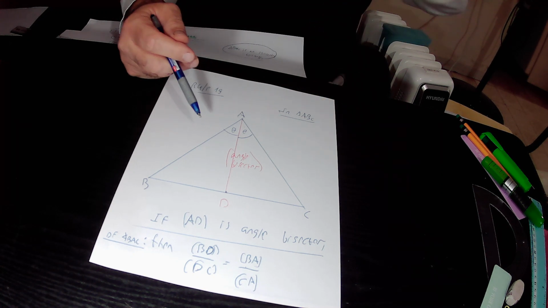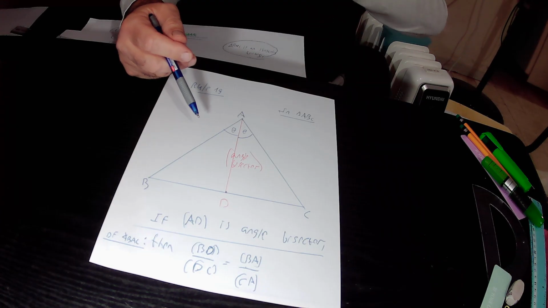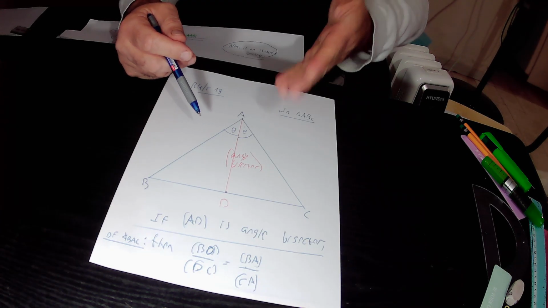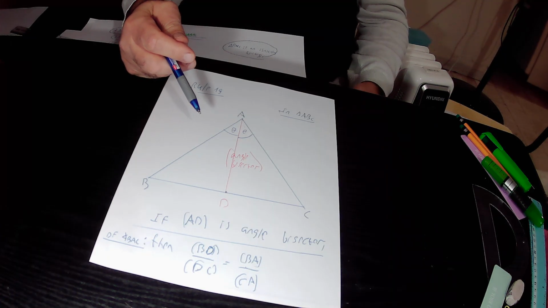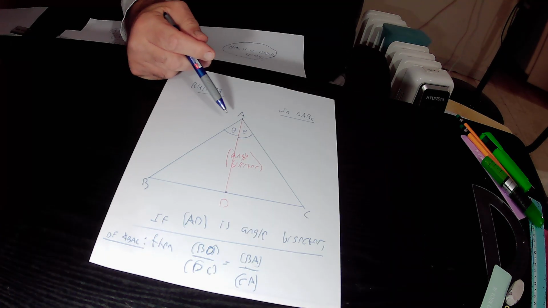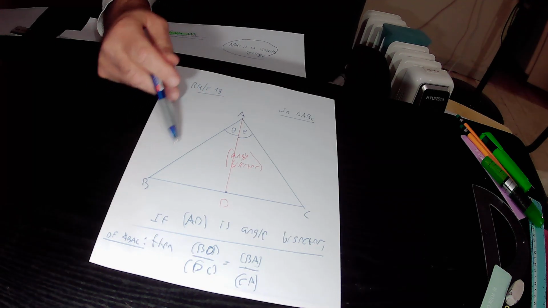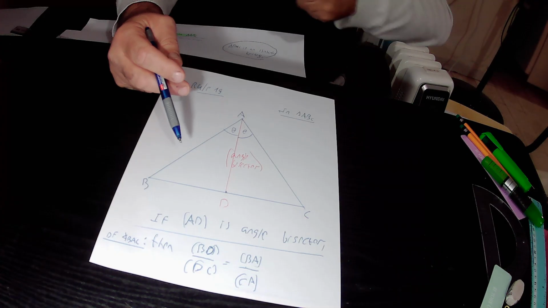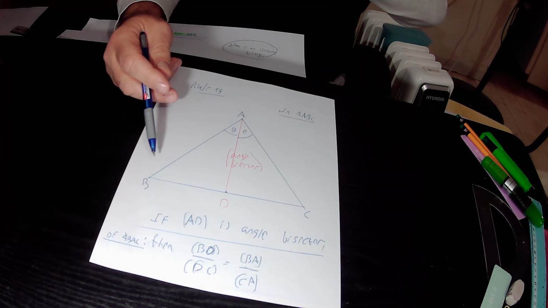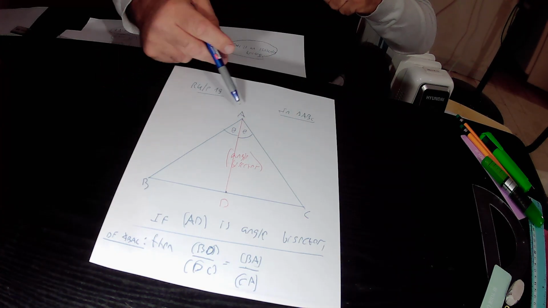We use the first direction: if AD is the angle bisector, then it divides the side proportionally.